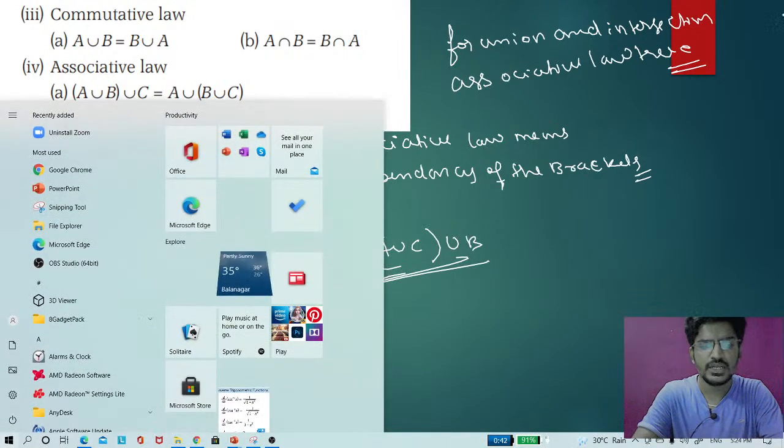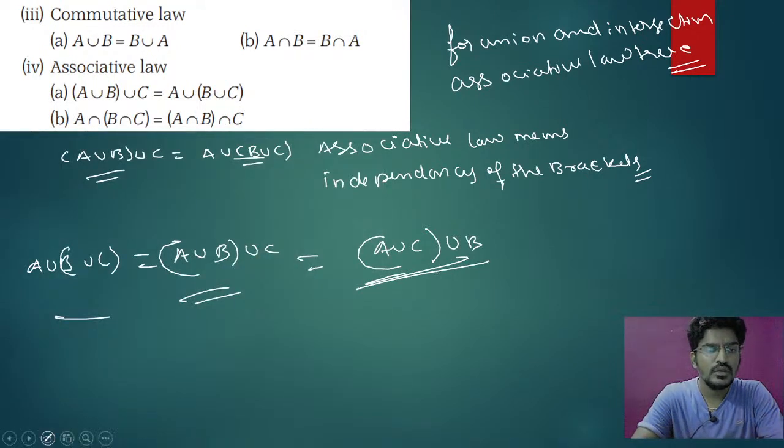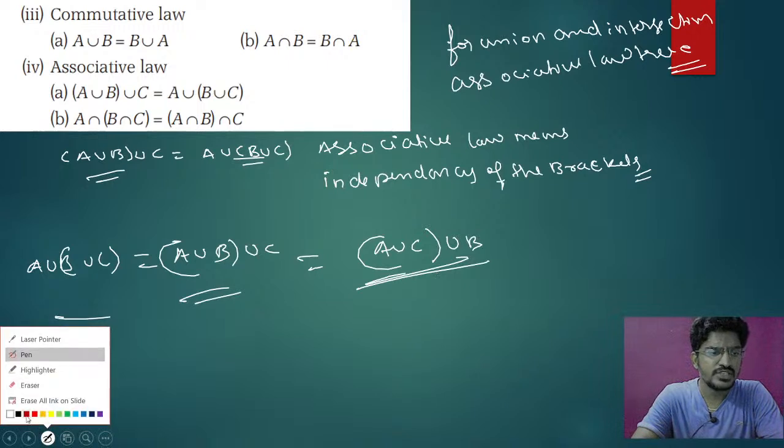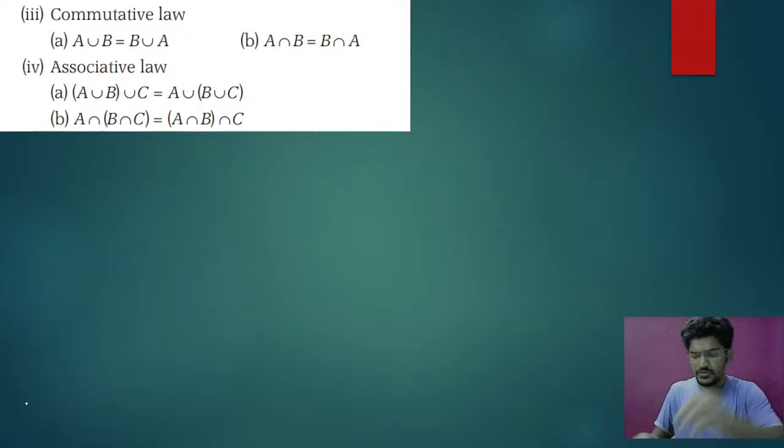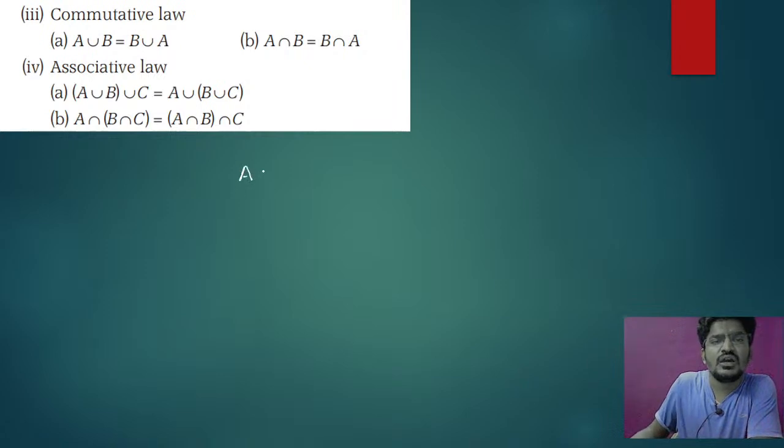So at this point, can I ask one question? I will see how many of you can answer it. Question is, A symmetric difference B is equal to B symmetric difference A, true or false?